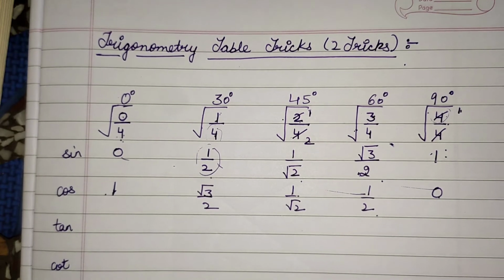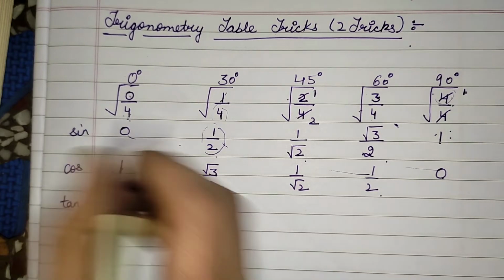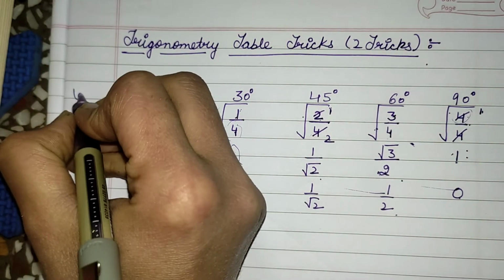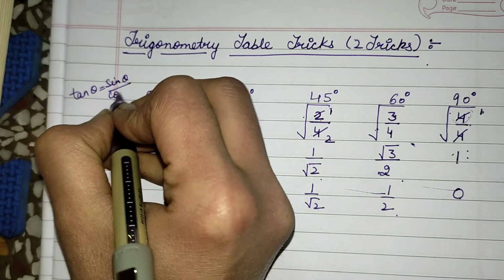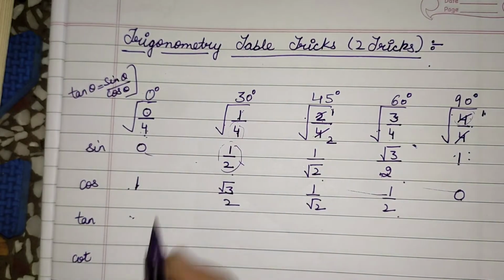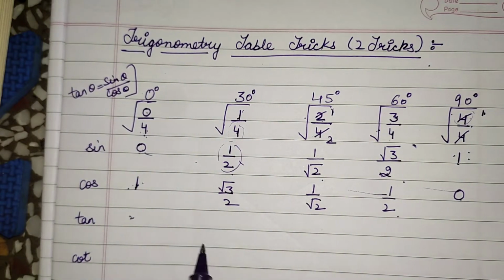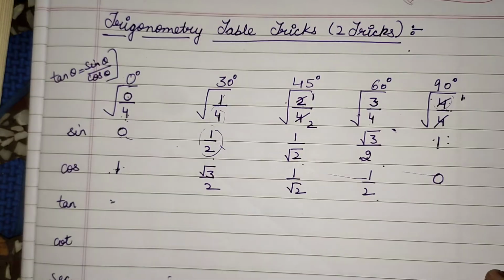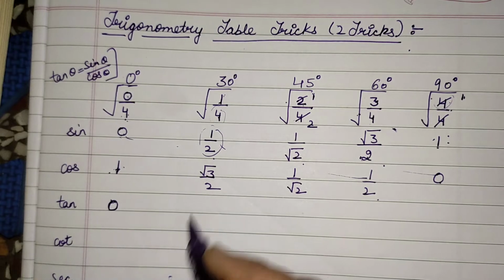Okay, coming to the next point, tangent. You know that the formula of tan theta is sin theta divided by cos theta. So if you divide these two values, you will get your tan 0 degree. 0 by 1 will give 0, since 0 by anything is always 0.